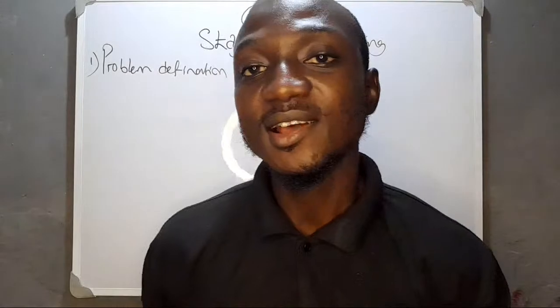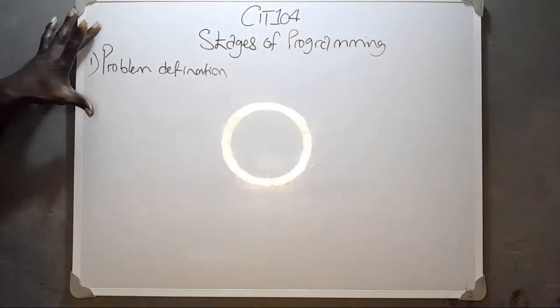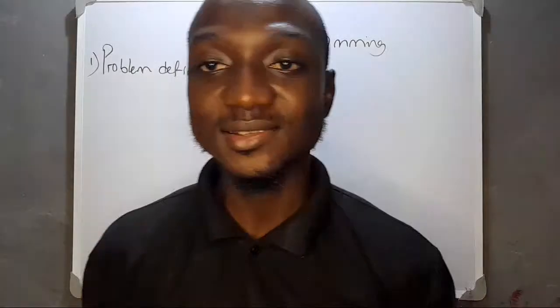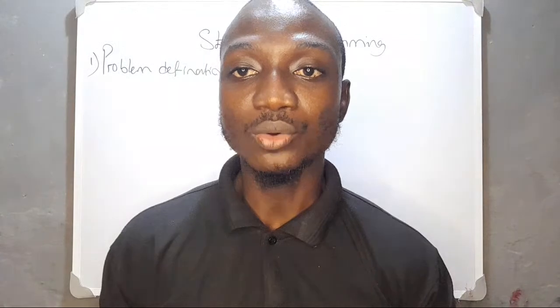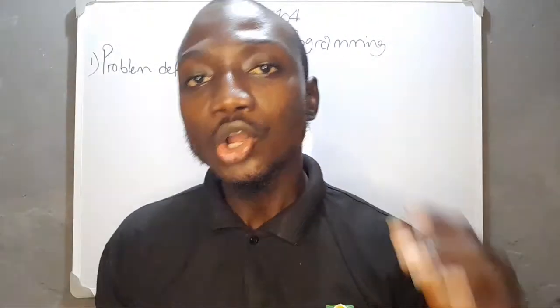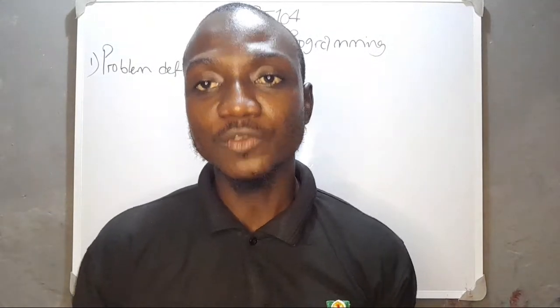If a programmer is given that kind of task, we are going to illustrate it with the stages. There's a problem, there's a task, there's a program that needs to be written. So how does the programmer go about solving this problem?